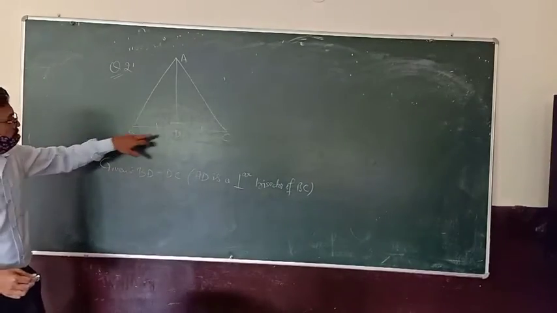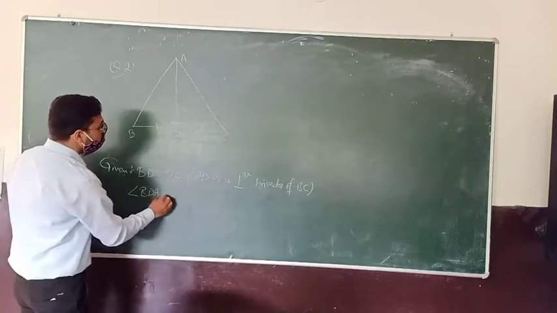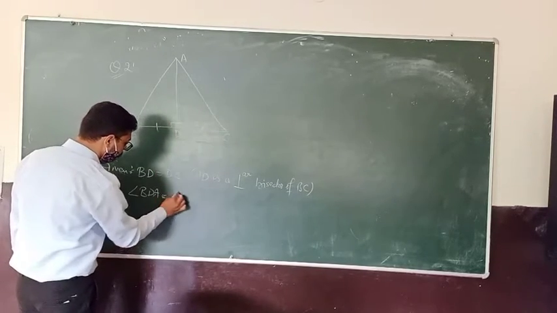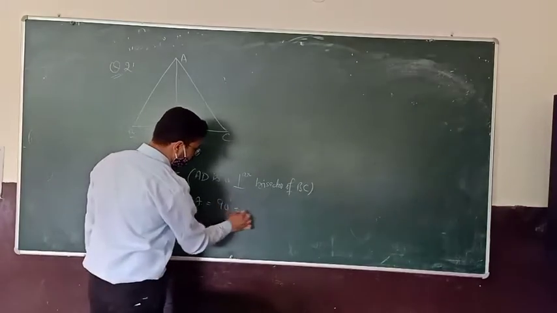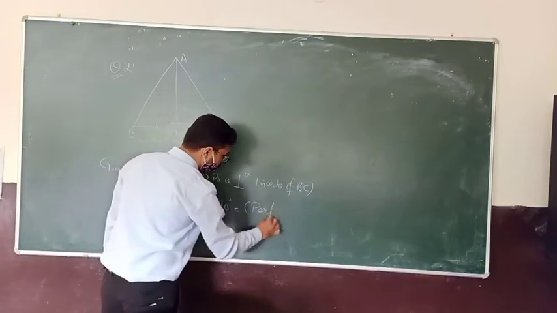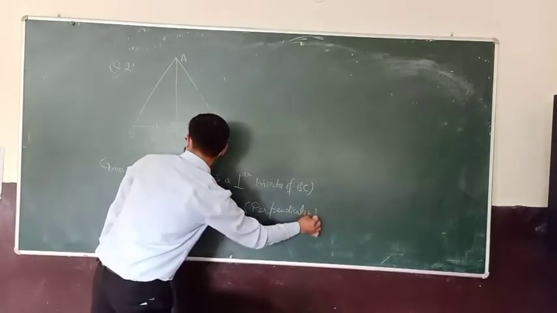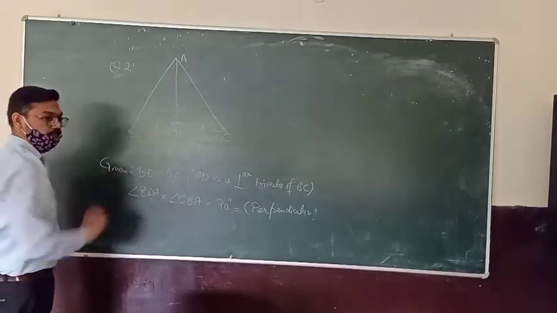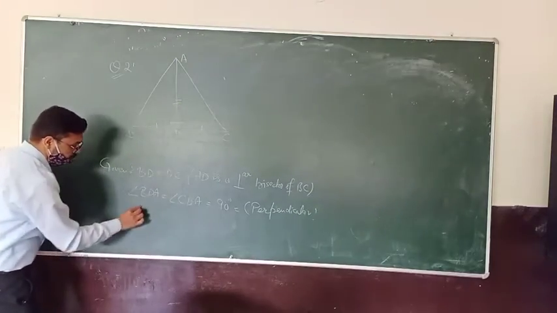Now you can say BDA is equal to CDA is equal to 90 degrees, or you can say perpendicular. Okay, beta? So one side, one angle is known to you. Third is AD equals AD, which is common.